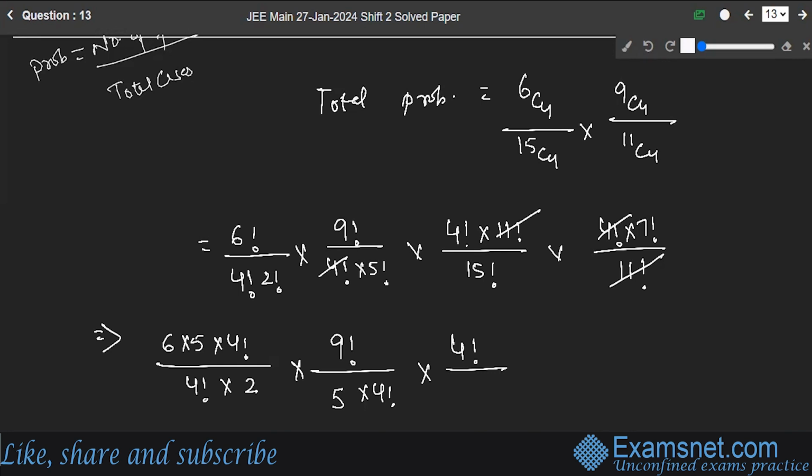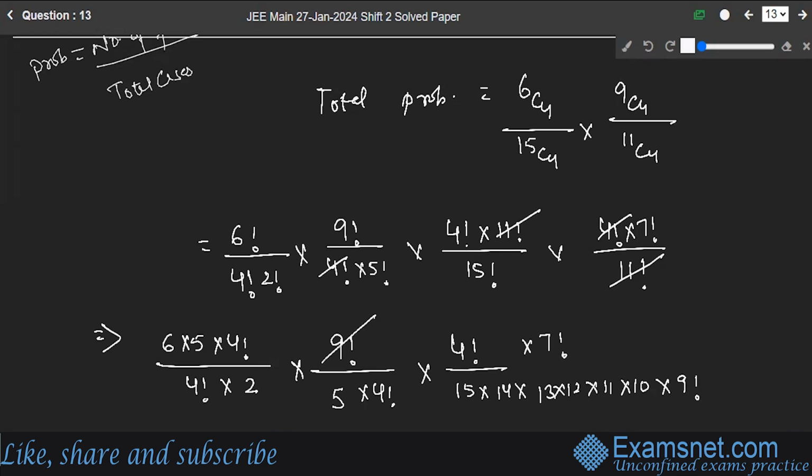I think I have to open 15 also. So this will be 15 into 14 into 13 into 12 into 11 into 10 into 9 factorial multiplied by 7 factorial.